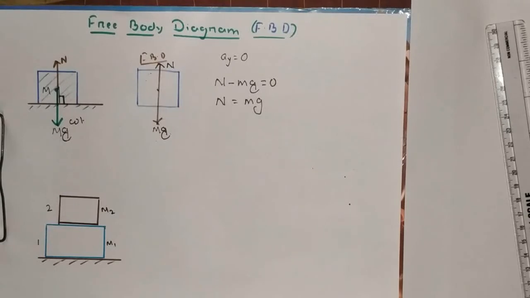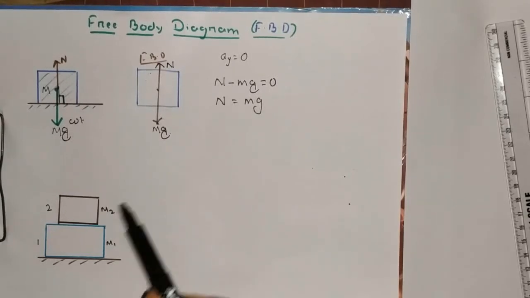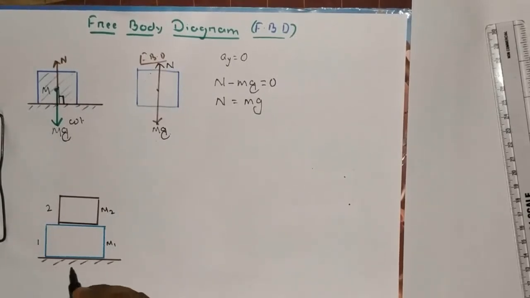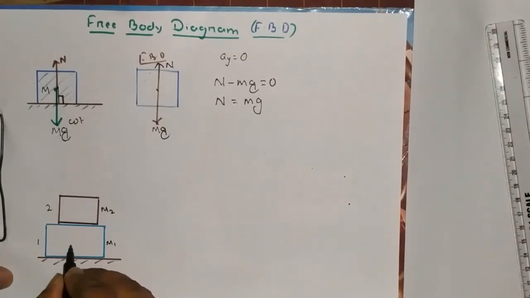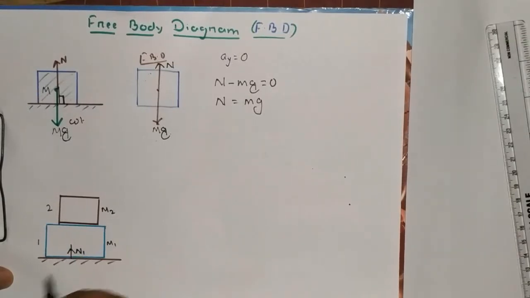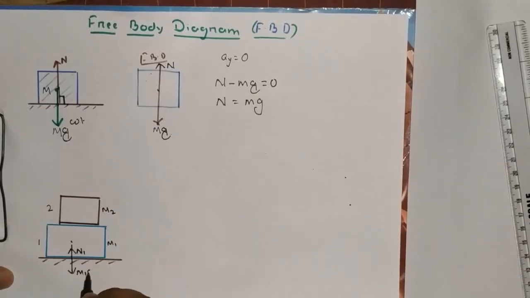Again, let me tell you, in a free body diagram, only external force will act. Okay, we'll see it later. Who is acting, in which direction, let us see. So from here, I think one force is acting. Who is that? Normal N1. And from the center, who is acting downward? m1g.